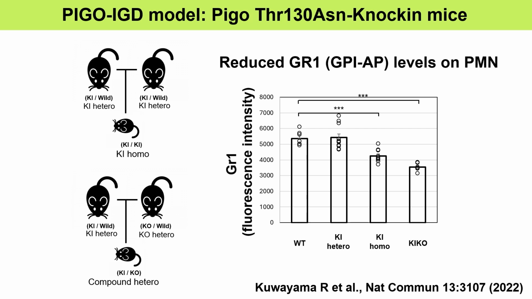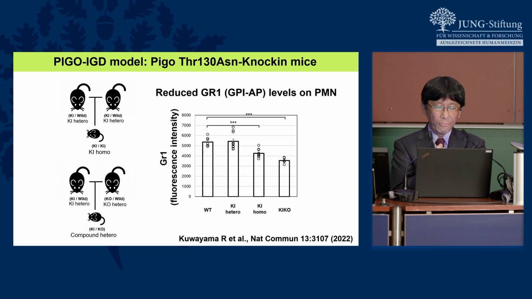So we chose the PIG-O gene because PIG-O IGD is the most prevalent in Japan. So we knocked in one of the patient mutations in PIG-O into mice and generated heterozygous knock-in mice. And by mating heterozygous knock-in mice, we obtained the homozygous knock-in mice, the IGD model.